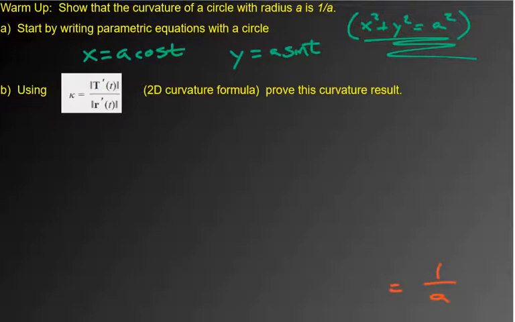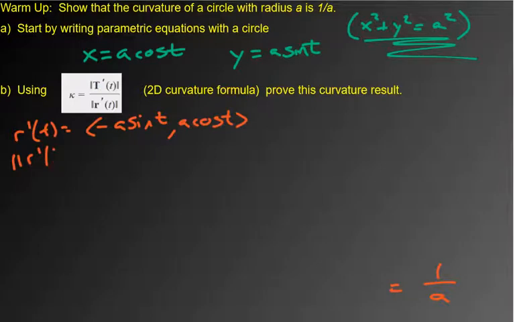So we're going to need r prime. Let's start with that. r prime of t will equal minus a sine t, a cos t. Then we need the magnitude of it. The magnitude will be the square root of a squared sine squared plus a squared cos squared.